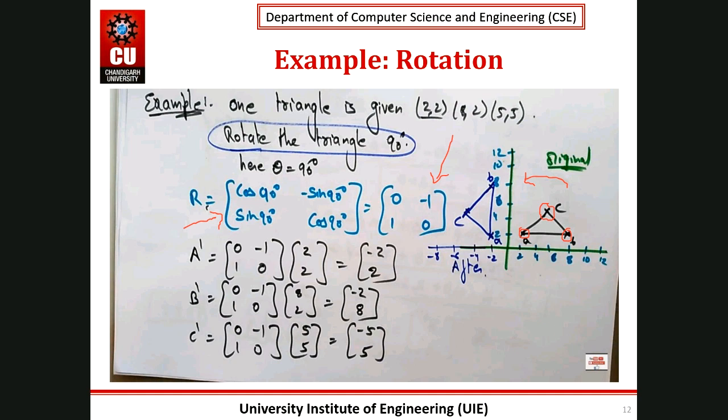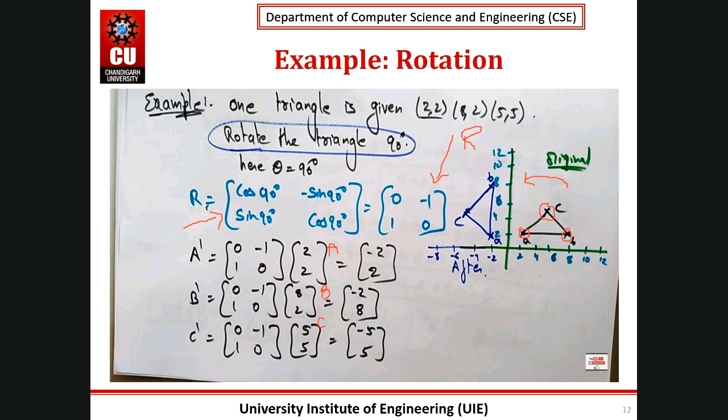This will be my rotation matrix. Now the rotation matrix will be multiplied by each and every coordinate of the triangle. Firstly, multiplied by A, we have the new coordinates (minus 2, 2). When multiplied by B, we have the new coordinates of B dash, that is (minus 2, 8), and when multiplied by C, we have new coordinates (minus 5, 5).